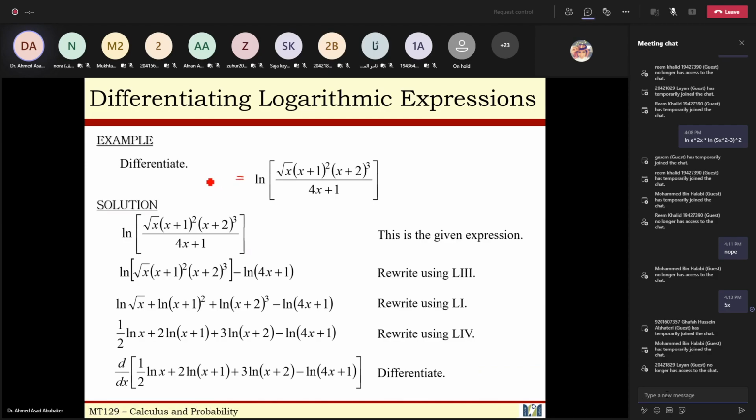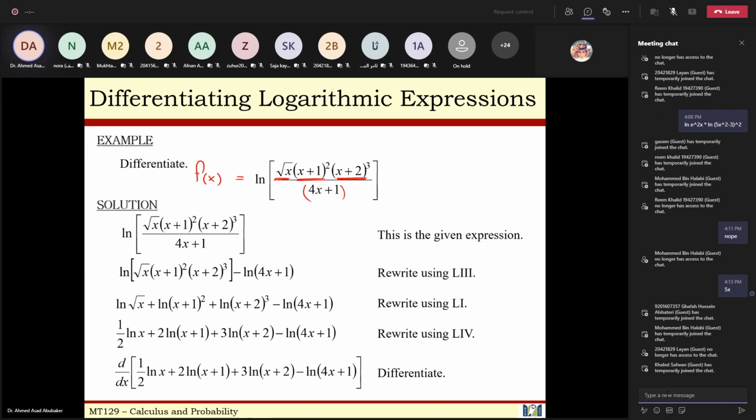Look at this f of x. This is very easy. Distribute the ln on the radical, x plus 1 squared, x plus 2 to the power 3, and the denominator 4x plus 1. These are all the steps for distributing the ln.